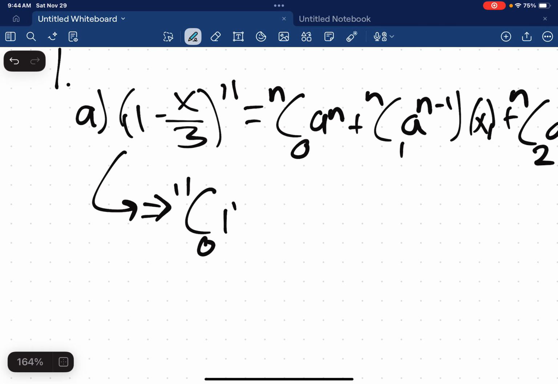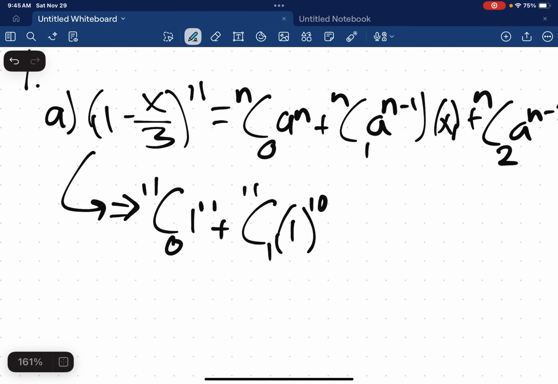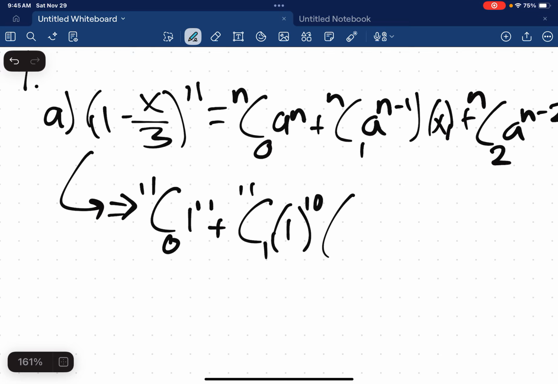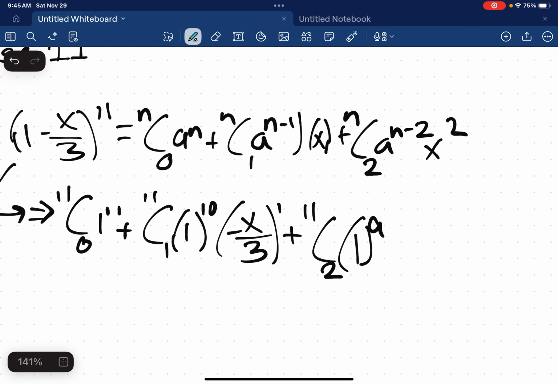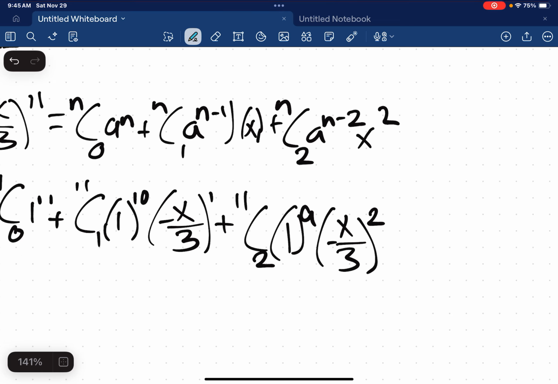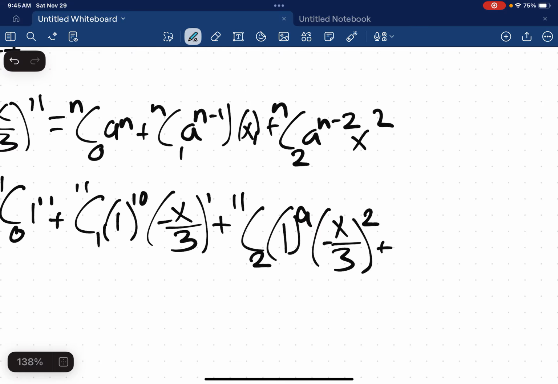And then 1 to the 11, plus 11 choose 1, you have 1 to the 10th, which is just 1, negative x divided by 3, plus 11 choose 2, 1 to the 9th, negative x divided by 3 to the 2nd, plus 11 choose 3.